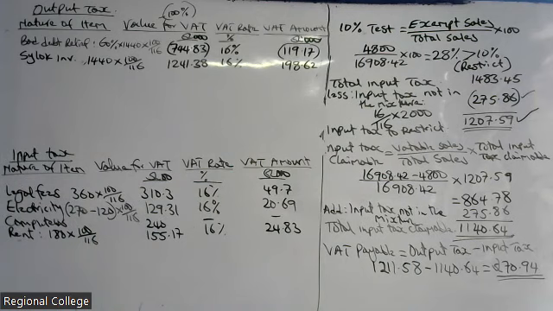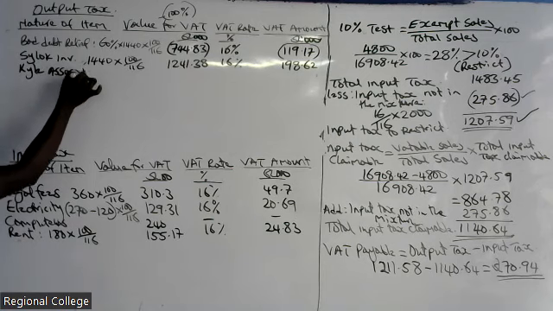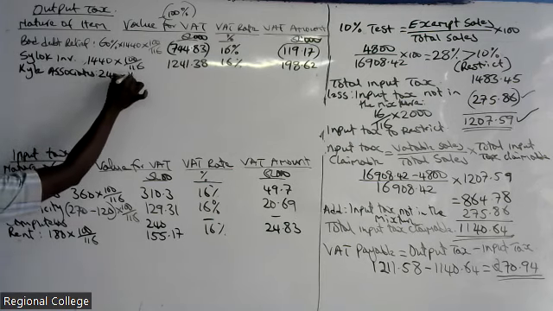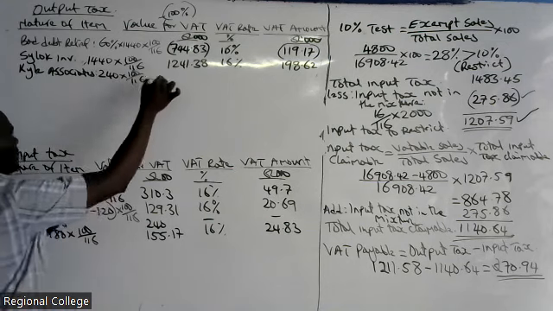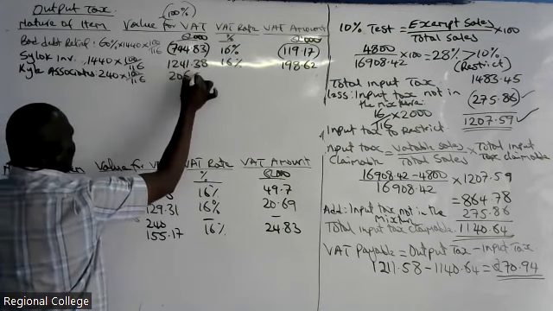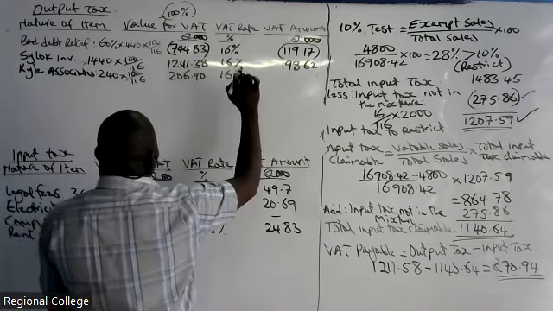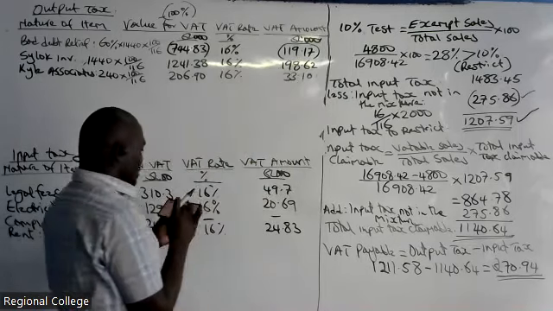So here we have Kai Associates: 40 times 100 over 116 gives 34.48, times 16% gives 6.90 VAT, about 33.1 net.